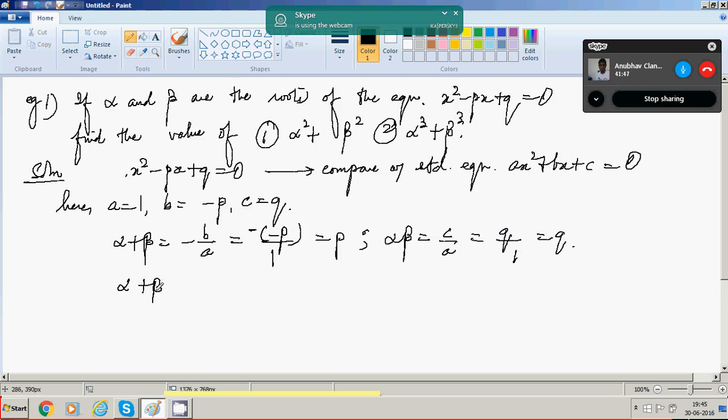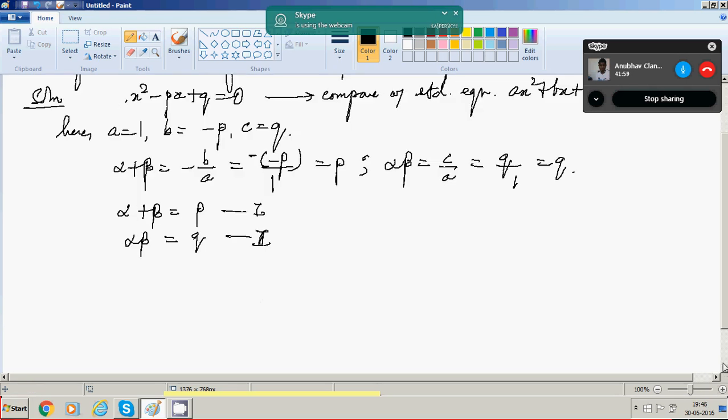So once again, if I rewrite for the sake of convenience, alpha plus beta is p, call this equation 1, alpha beta equal to q, call this equation 2. So how are we going to get alpha squared plus beta squared?